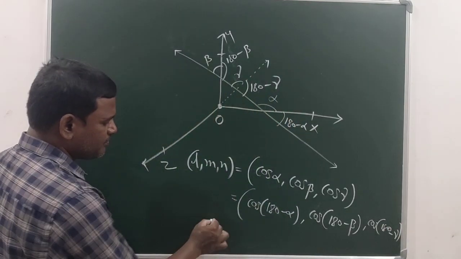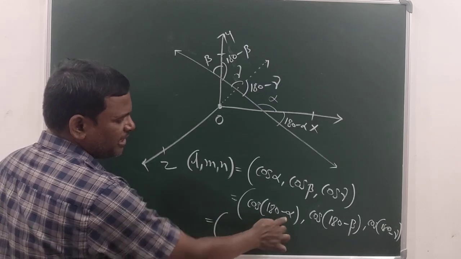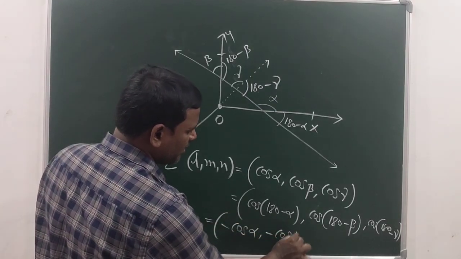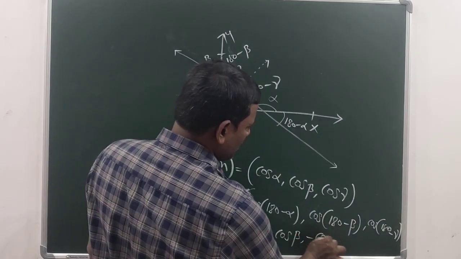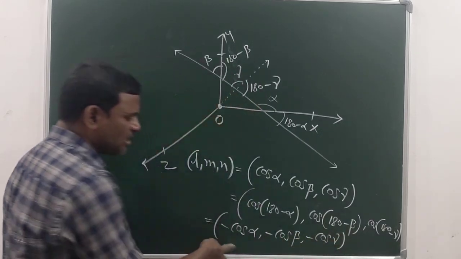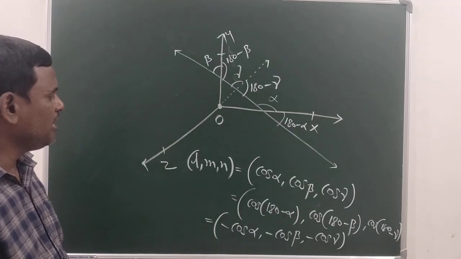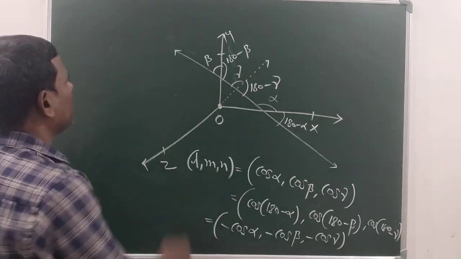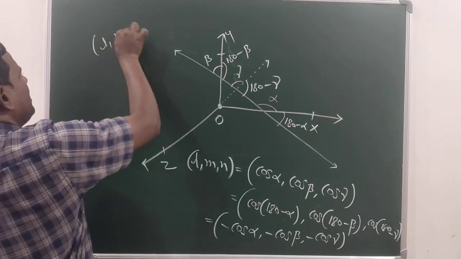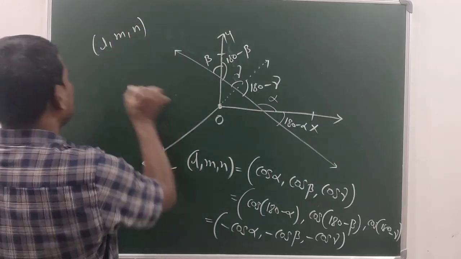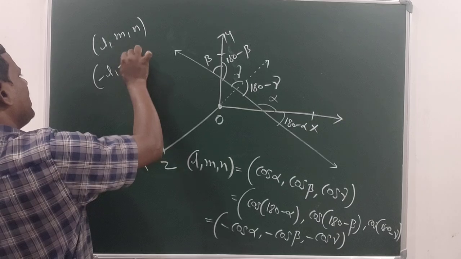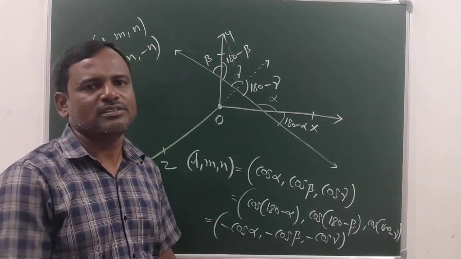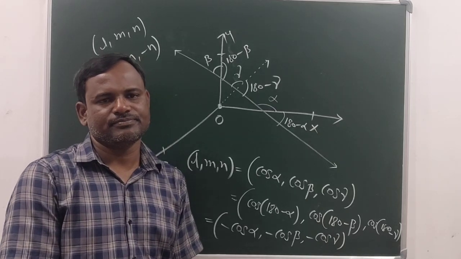So what do you get? Cos of 180 minus alpha becomes minus cos alpha, minus cos beta, minus cos gamma. These are also called direction cosines of this line. If L, M, N are the direction cosines of this line, then minus L, minus M, minus N are also direction cosines of this line.